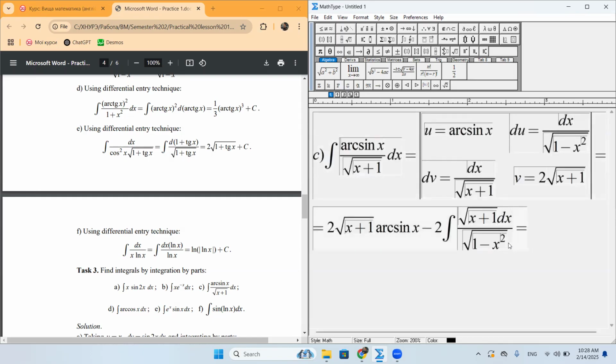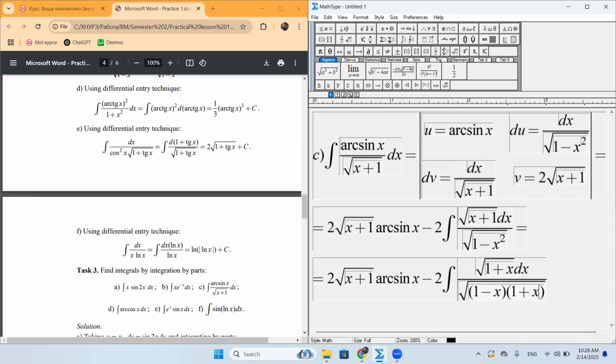So now we can just use the difference of squares. Let me modify it a little bit. 1 minus x and 1 plus x.